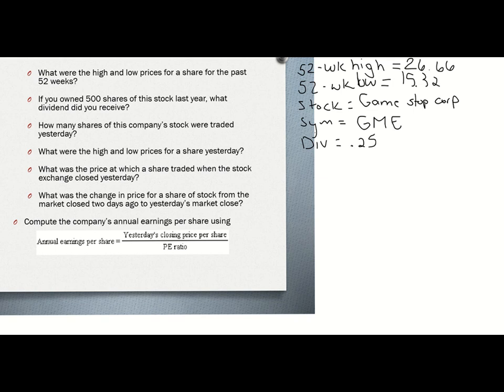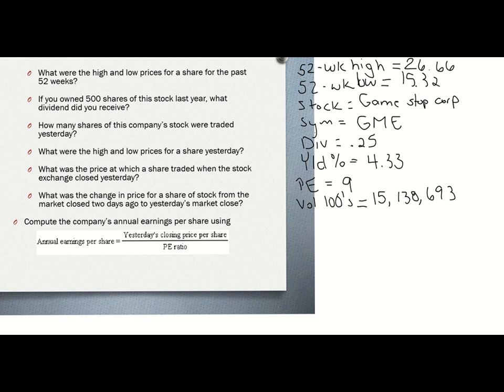The percent yield, which is written yield percent, and that is 4.33. Our PE ratio is 9. The volume, written in 100s, is 15,138,693.